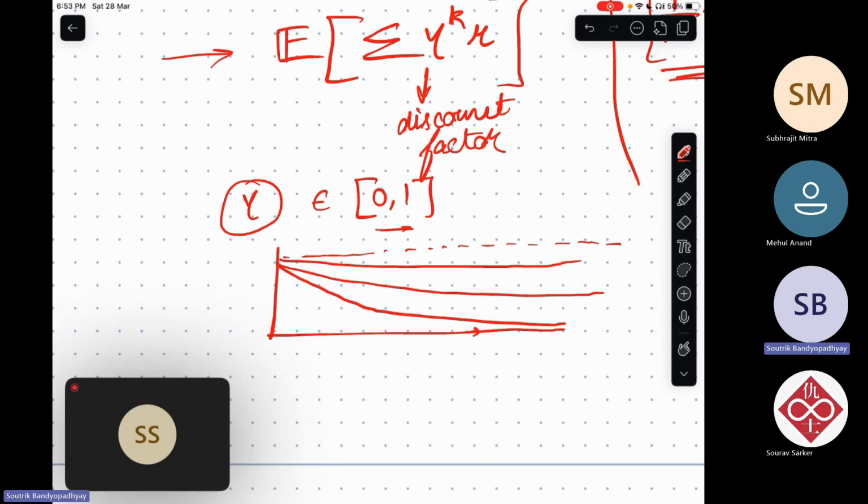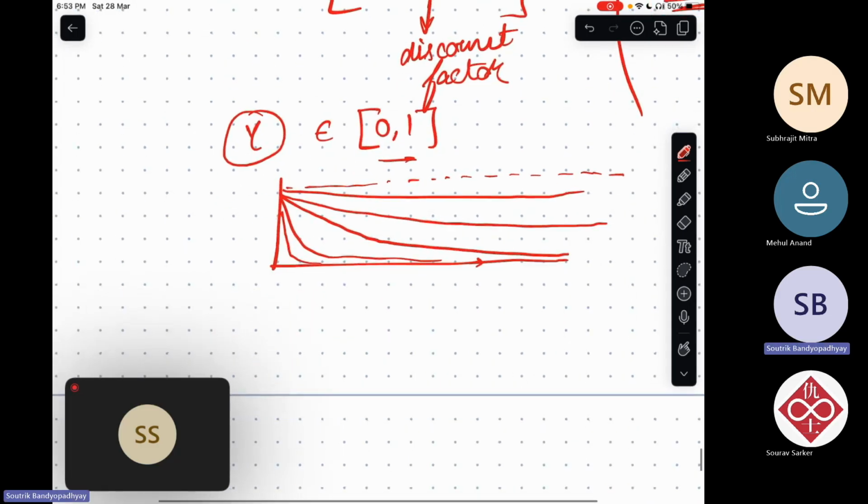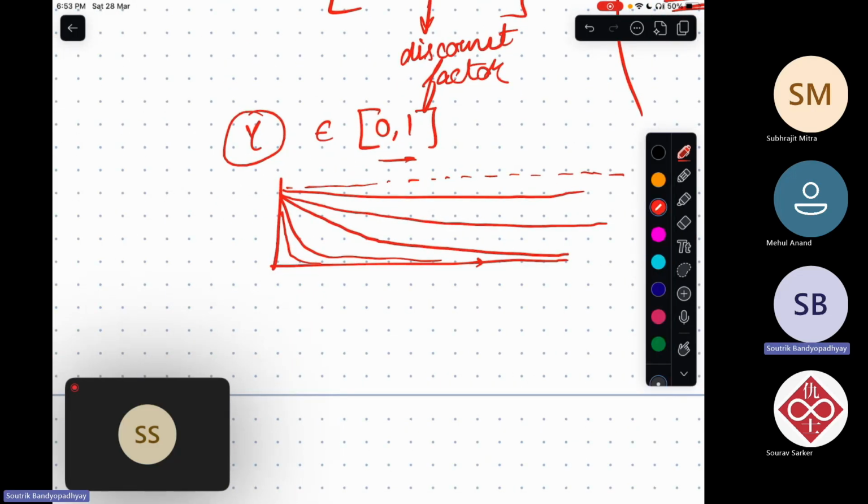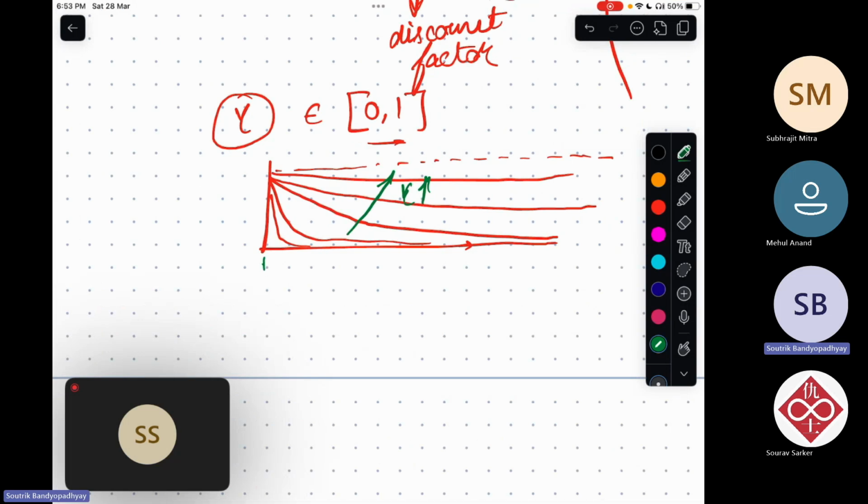As the value of gamma decreases towards 0, it asymptotically approaches the origin faster. So you can see the effect of the nearby values is more prominent as gamma is lower, and the horizon increases as gamma increases.